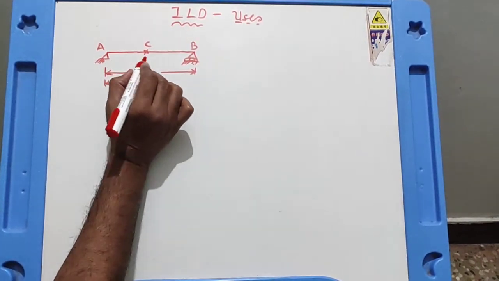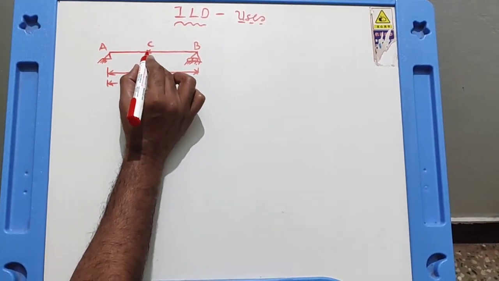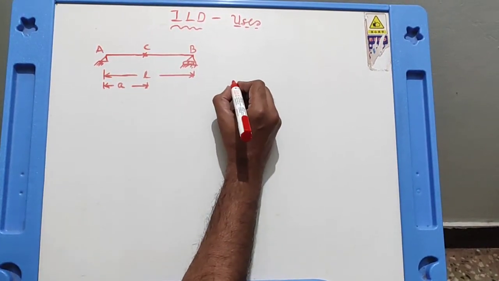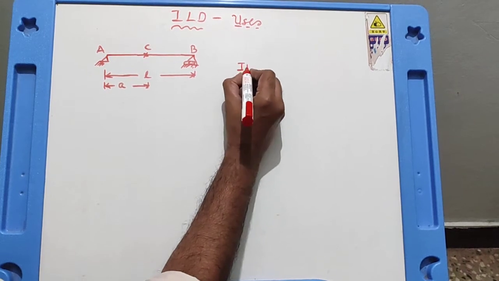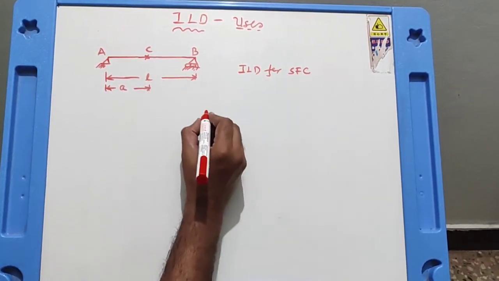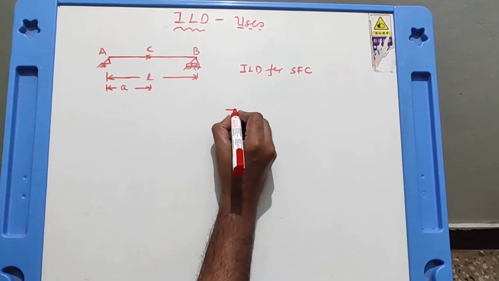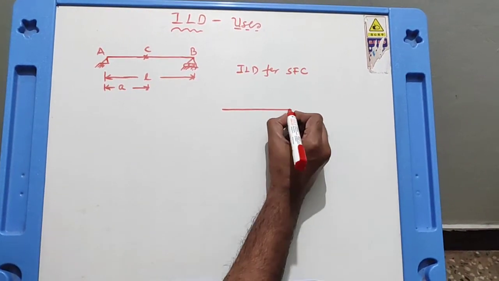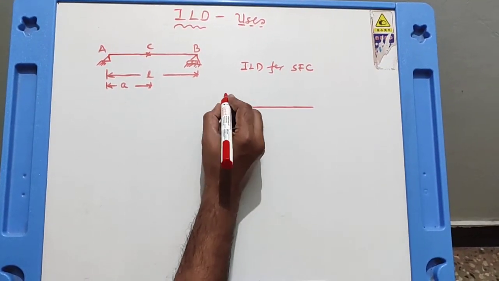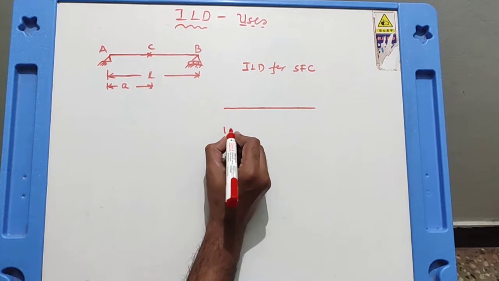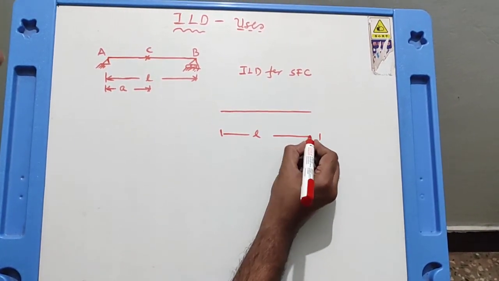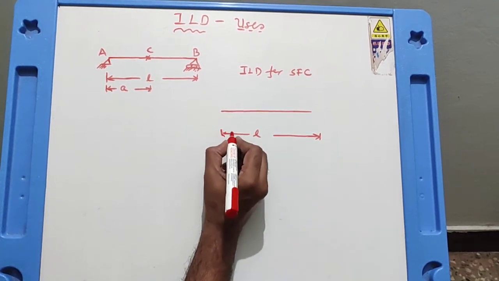Now we will see how we can draw influence line diagram for bending moment and shear force in a very simplified shortcut manner. For that, let me draw first, see here, influence line diagram for shear force at C. So for that, take a horizontal line of length equal to L, it's very simple.